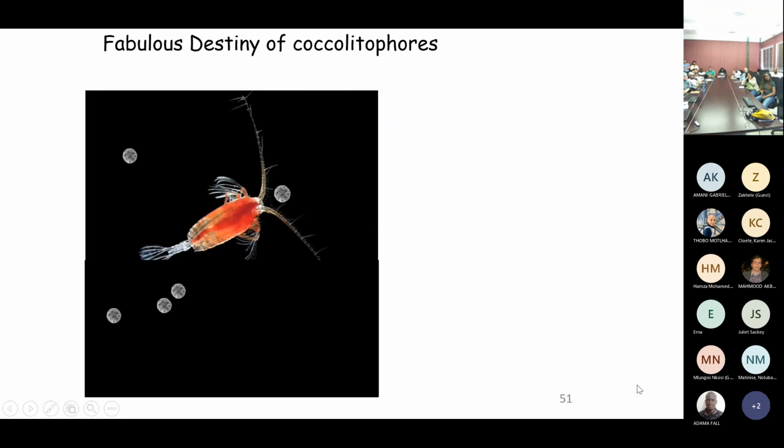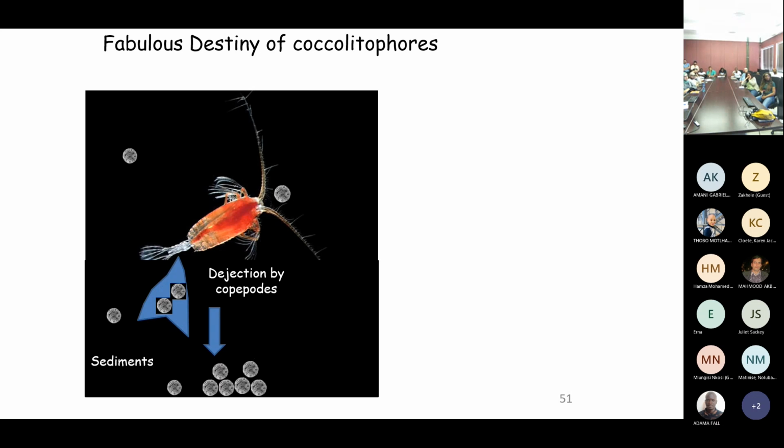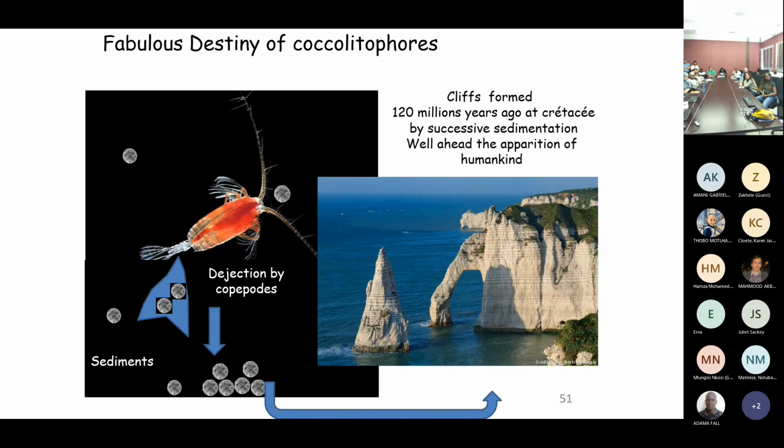And what happens to this coccolithophore? In the oceans, they are eaten by shrimps. So the shrimps, they digest this, not very fancy, it's not a fabulous technique, but nonetheless, this is what you get here, because the digestion of this is made of calcium carbonate.